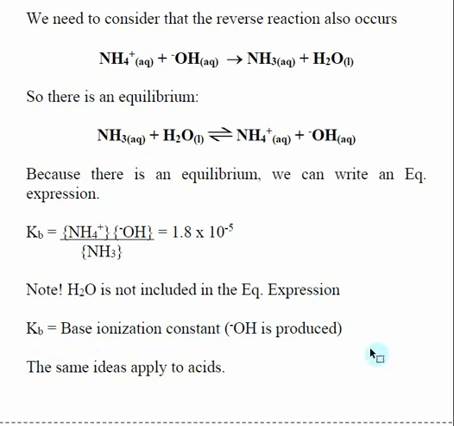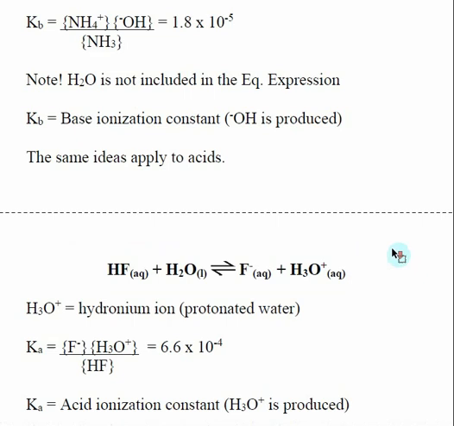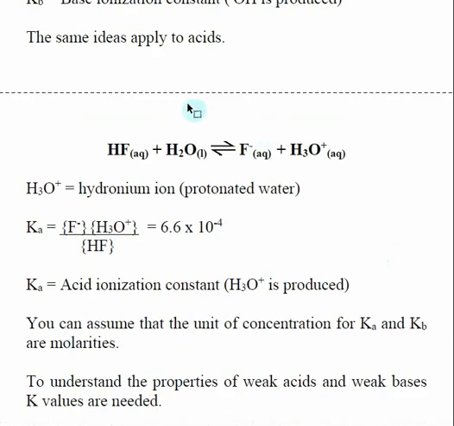So where we're going to go from here is, in order to understand the acidic and basic properties of, in this case, ammonium and ammonia, we need to understand how this equilibrium comes into play, and that's what we're leading to in this chapter.